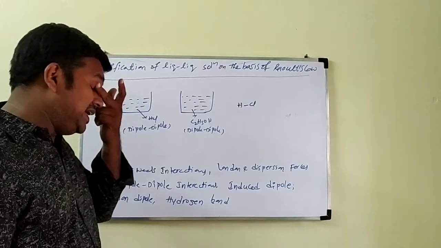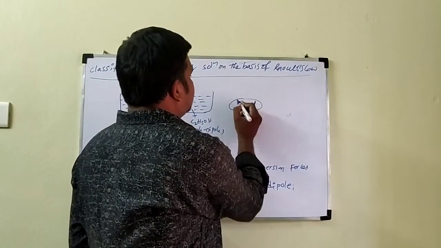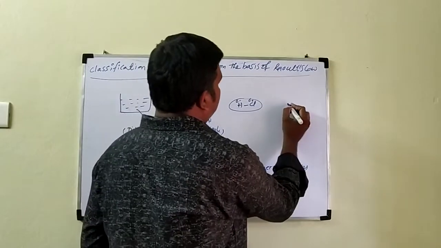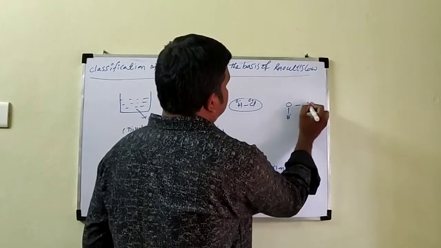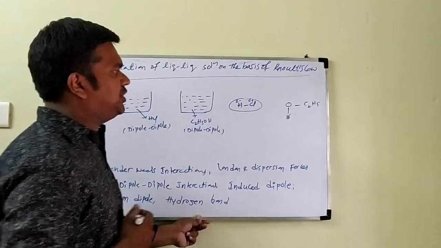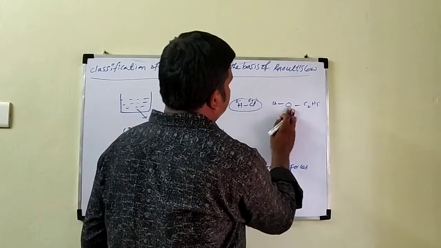Now we can see the HCl molecule. Here, partially negative charge and partially positive charge. If we take the ethyl alcohol, write it like this: O and C2H5, with hydrogen here, C2H5OH.